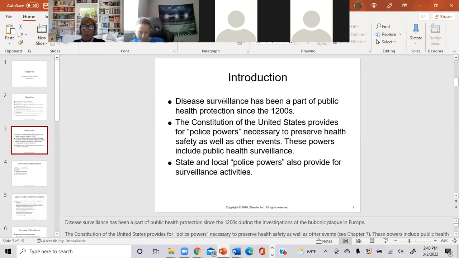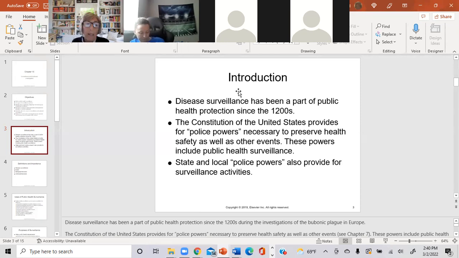Okay. So we know that disease surveillance has been part of public health protection since the 1200s. Okay. The Constitution provides powers necessary to preserve health and safety, as well as other events. Okay. And one of these very important powers is public health surveillance. Okay. What have we been doing?